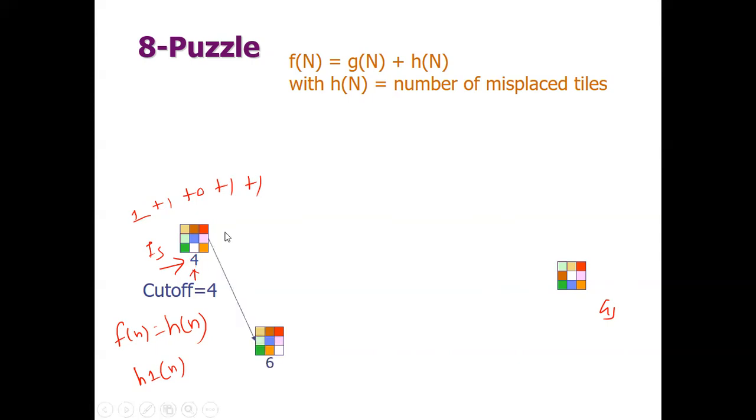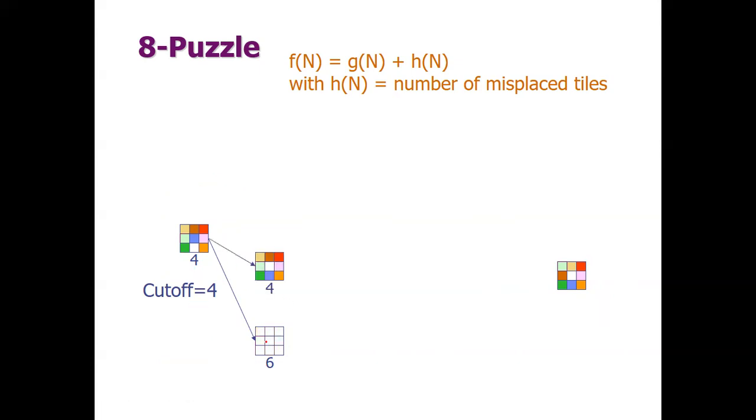Now this is one possible move. When this yellow tile is moved here, the h of n or f of n value becomes 6. But we cannot include this because our cutoff is 4, so we won't include it. Another possible move is to move this blue tile down.